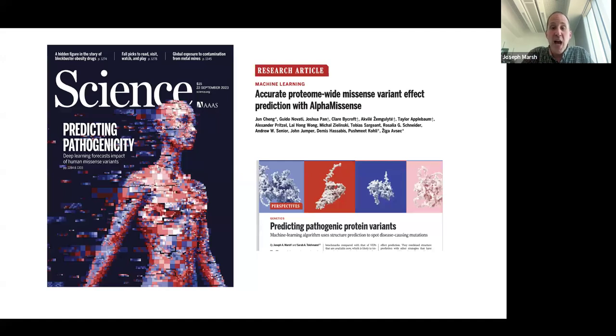Probably the most high-profile variant effect predictor, at least over the last couple of years, has been AlphaMissense from DeepMind, the team behind AlphaFold, which, as I said, revolutionized protein structural prediction. This tool was released with a lot of excitement and fanfare and press just about 2 years ago now, September 2023, with a paper in Science.